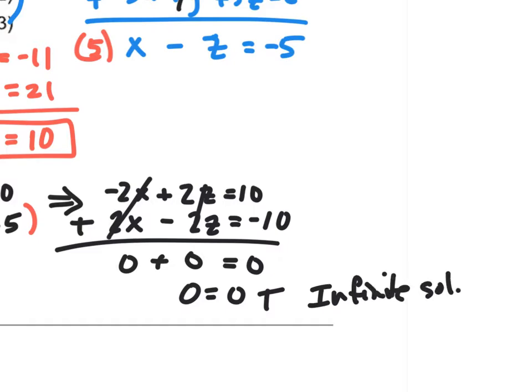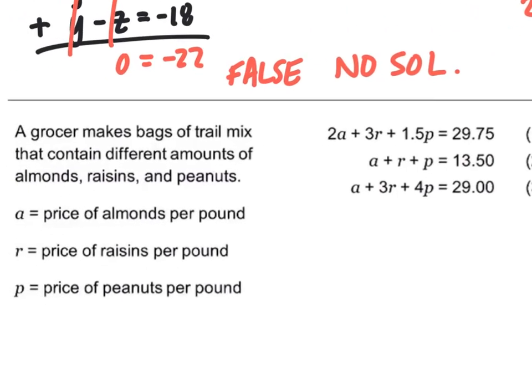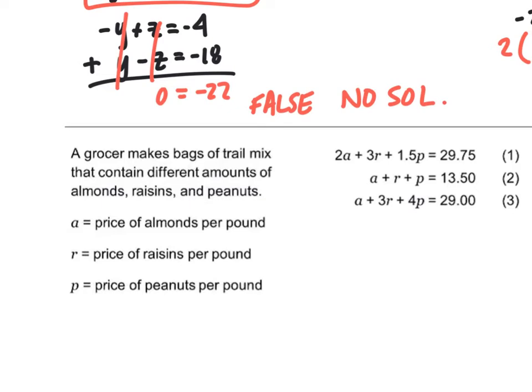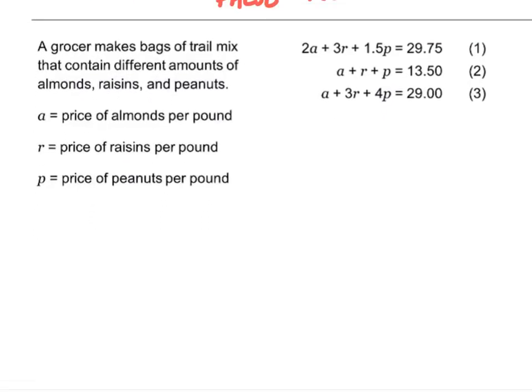Okay? So now let's take a look at this last question. It says a grocer makes bags of trail mix that contain different amounts of almonds, raisins, and peanuts. And so we have all these different scenarios of cost associated with whatever kind of trail mix you want.